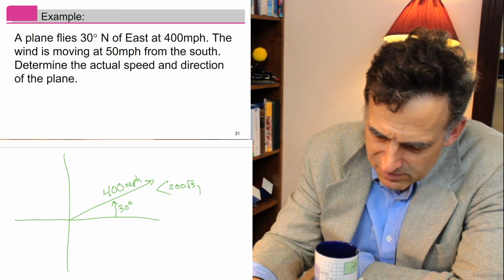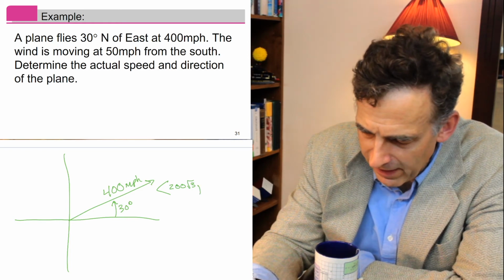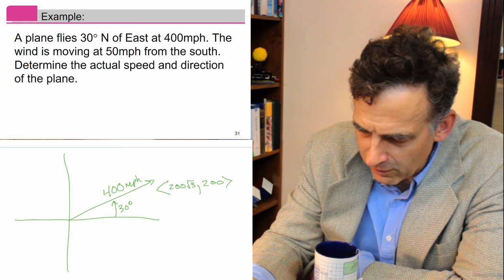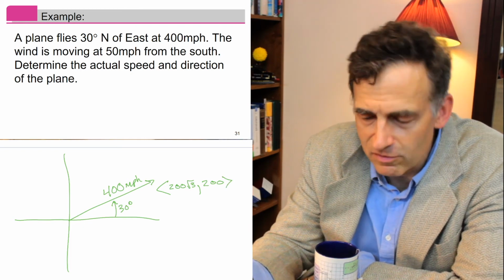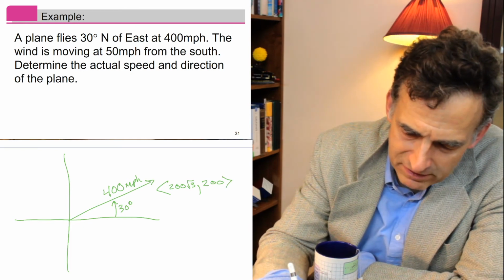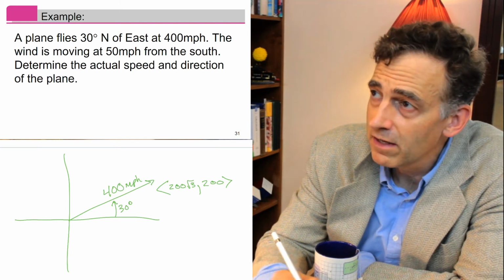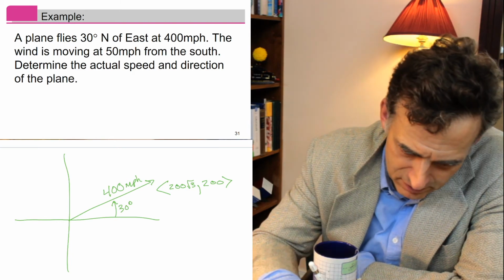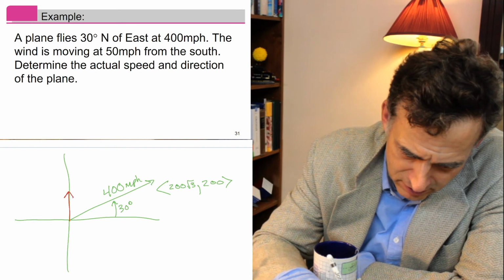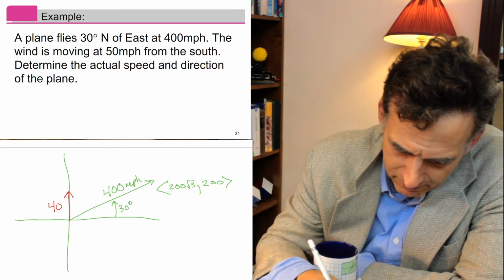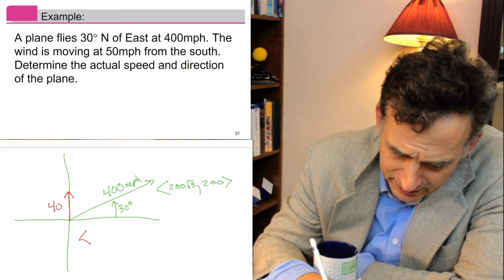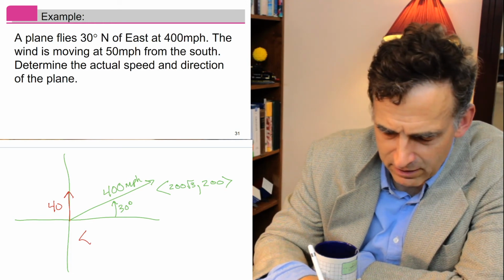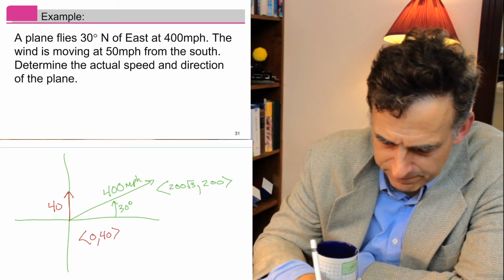And then the sine of 30 degrees is 1/2, so 400 times 1/2 is 200. Now let's put the wind speed in there. The wind is out of the south, so that means it's pointing this direction and it's going 40 miles per hour. So the wind is going to be 0 and 40.